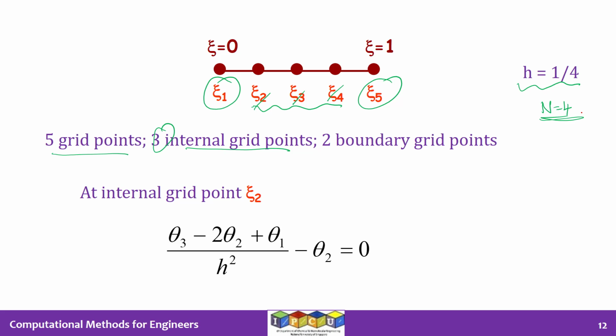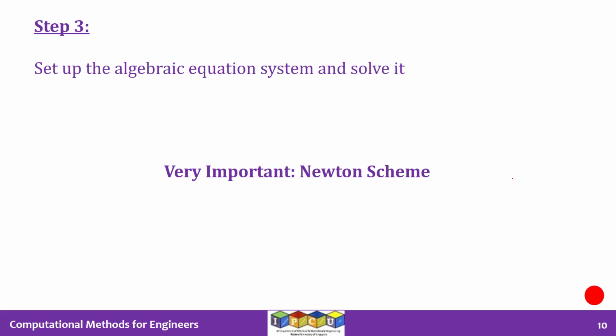Now, what we do is we replace the derivatives by their finite difference approximation. And since here we have only the second derivative term, I'm going to replace the second derivative d2 theta by d psi squared with its finite difference approximation. I'm going to choose the central difference approximation for psi 2, psi 3 and psi 4, a 3-point central difference approximation.